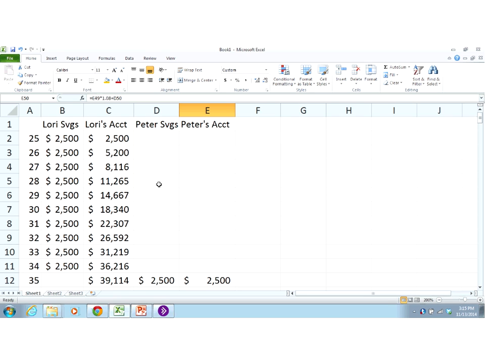So I want you to be able to understand the value of this. The key to the value of saving early versus delaying is that the interest earned is more than what is saved.